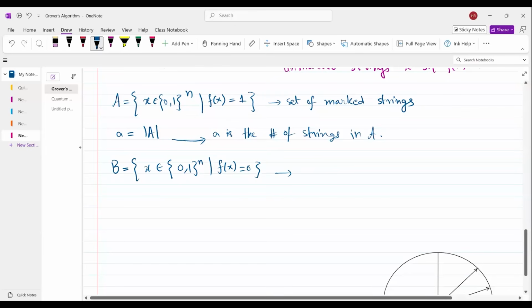That means the set of unmarked strings. And we can label the cardinality of this set as small letter b. So b is the number of strings in the set B.